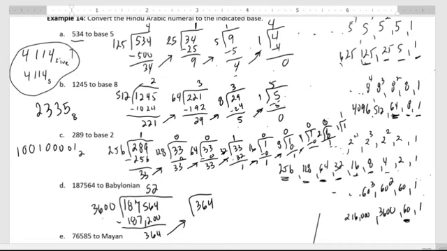So we can divide by the next one, which is 60. That's going to go in 6 times. With remainder of 4. And then the next place value is 1. So 52 can be written as 10, 20, 30, 40, 50, 1, 52.